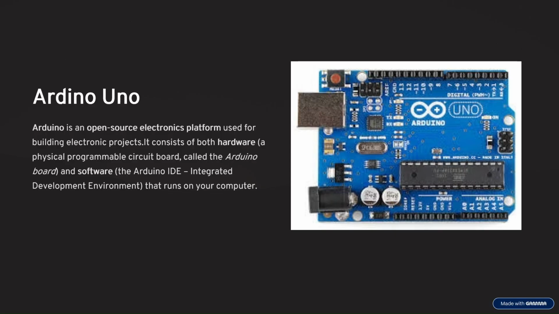It consists of hardware, a physical programmable circuit board called the Arduino board, and software also, which is the Arduino IDE, an integrated development environment that runs on your computer. So Arduino is used for both software and hardware purposes. It can consist of switches and sensors.